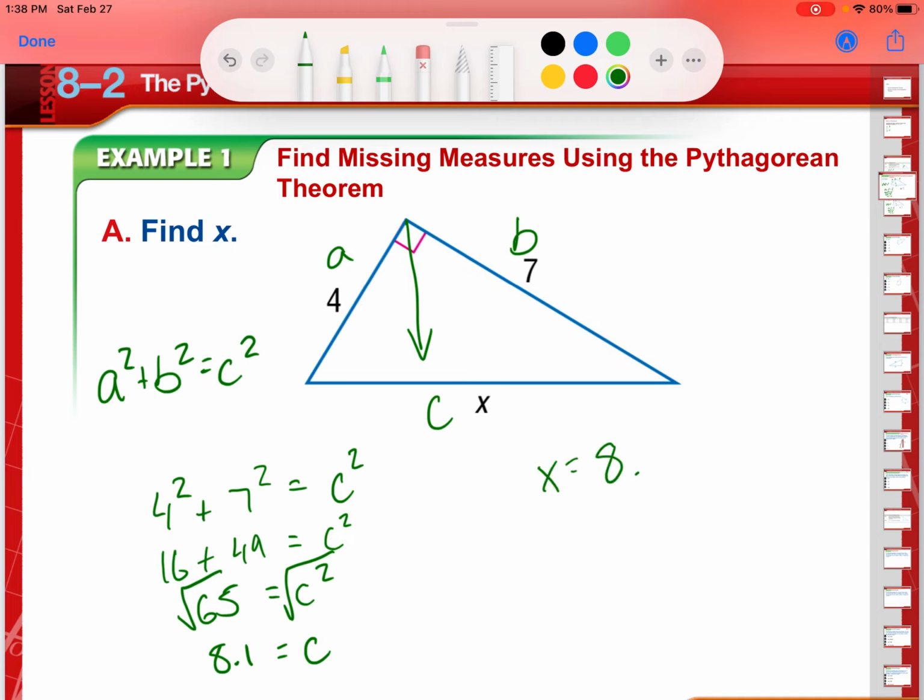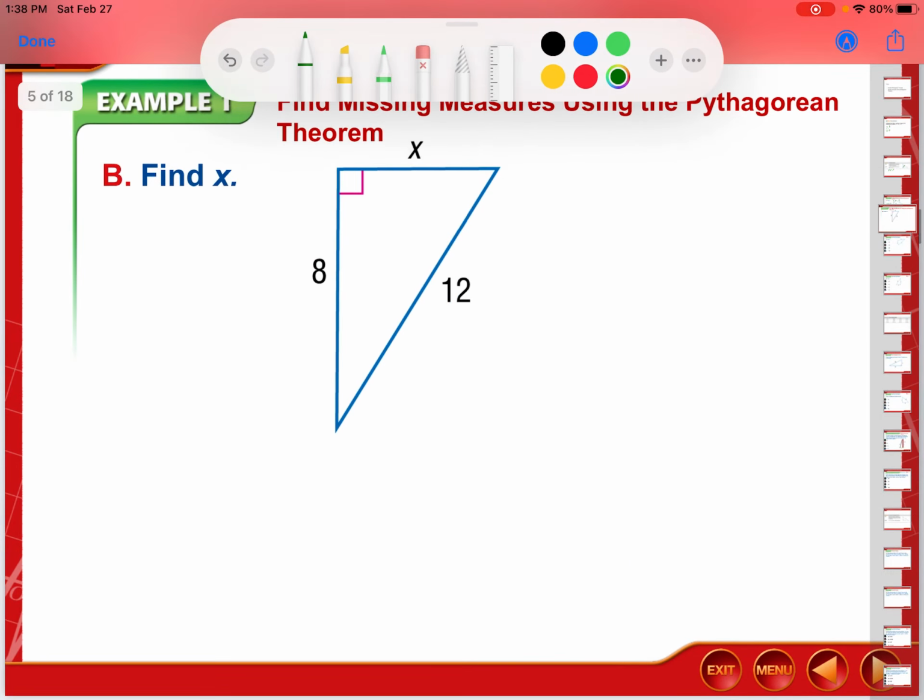As far as writing your answers here, you can say x equals about 8.1 using that square root rounding, or if you'd rather, you can say x equals root 65, as long as that's not a perfect square. So if you're going to get a decimal as your final answer, you can just leave it in square root form. That's totally acceptable as well.